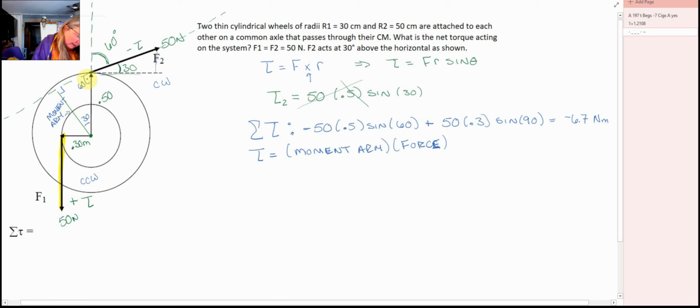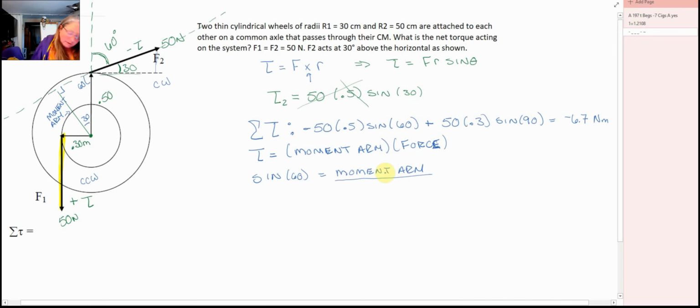So I can look at this and say, okay, this is my hypotenuse. What do I have? I have sine of 60 equals opposite, which is my moment arm, over my hypotenuse.